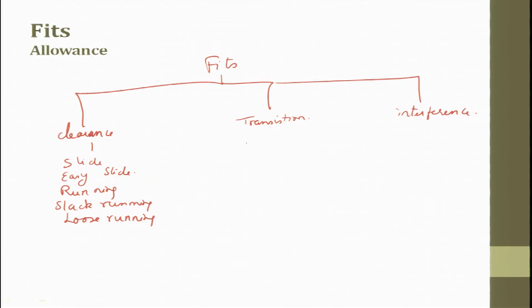When you talk about transition, it is always push or snug, or it is wringing. When you do this wringing, it is more of slip gauges that we use wringing for. In interference, we always try to have a force or press fit.